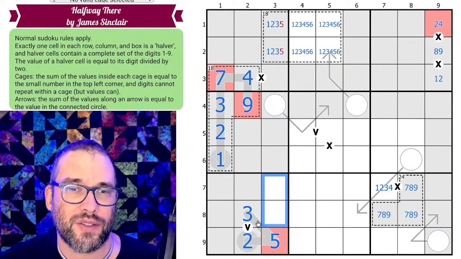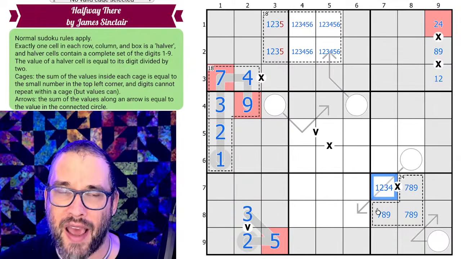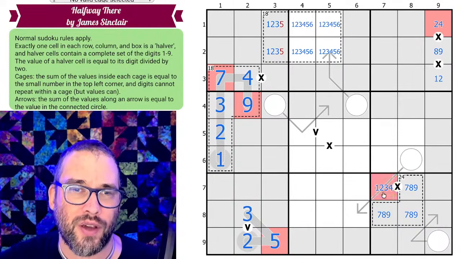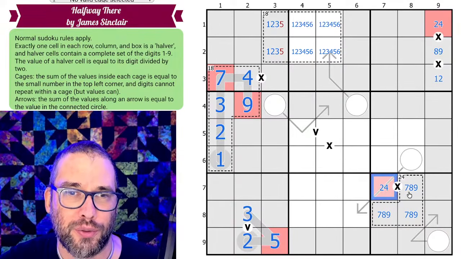Okay, so no halvers here, no halvers here. This is a halver. So it's either 2 halved to 1 or 4 halved to 2.